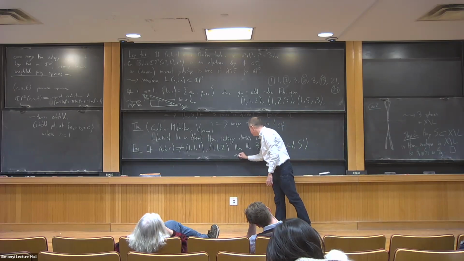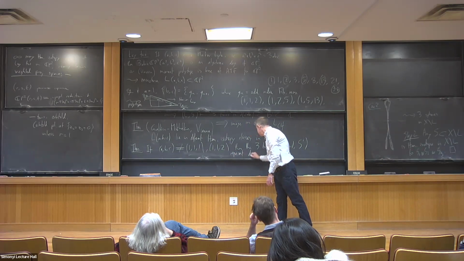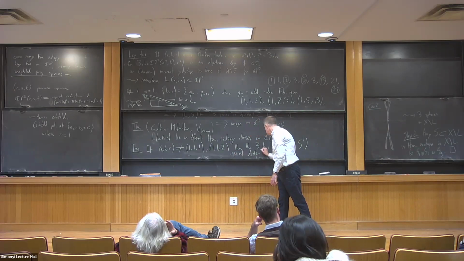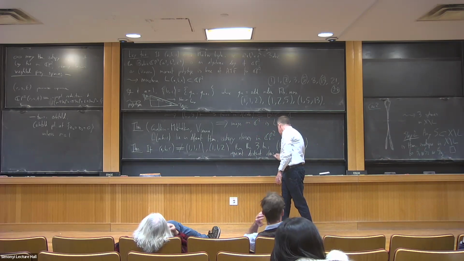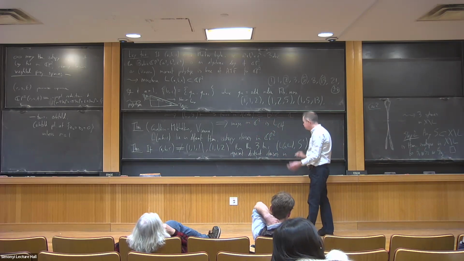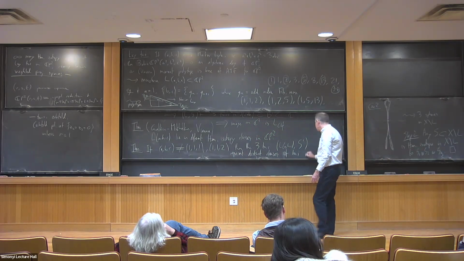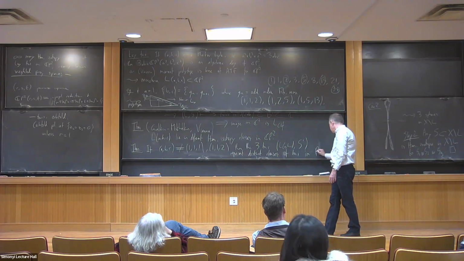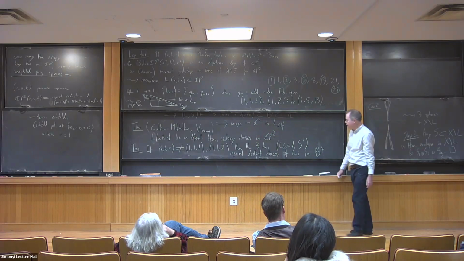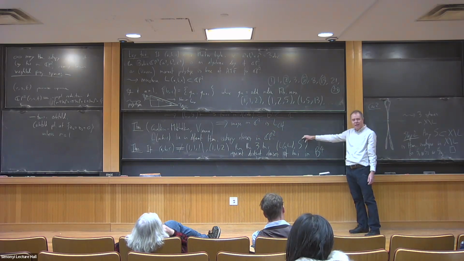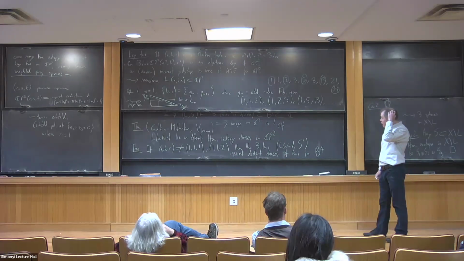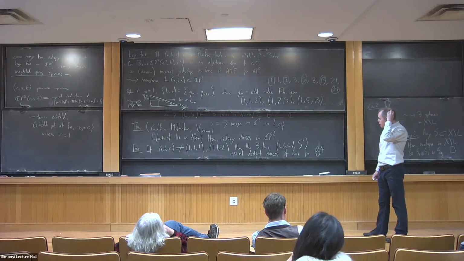They represent distinct Hamiltonian isotopy classes of tori in the ball. So in a sense, there are three times as many in the ball as in CP2.